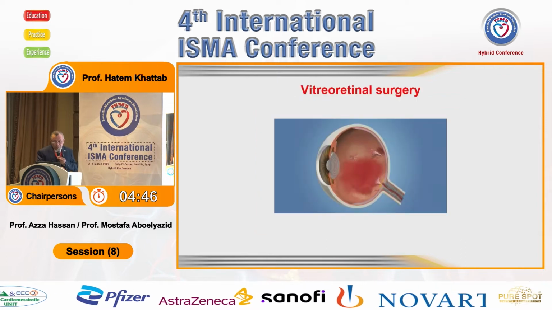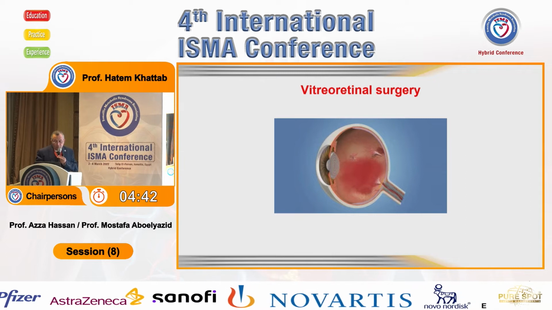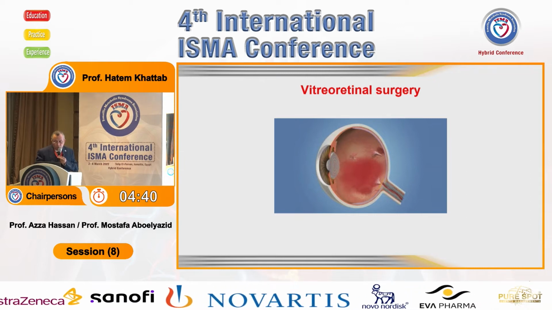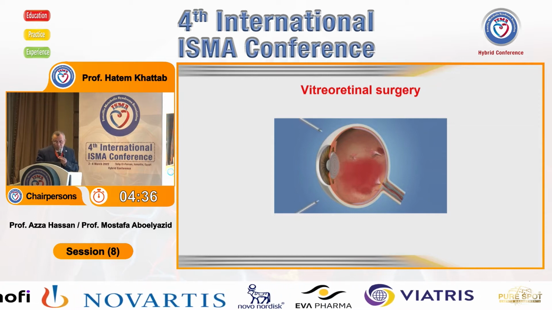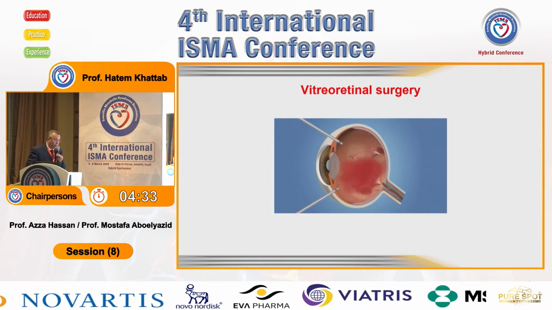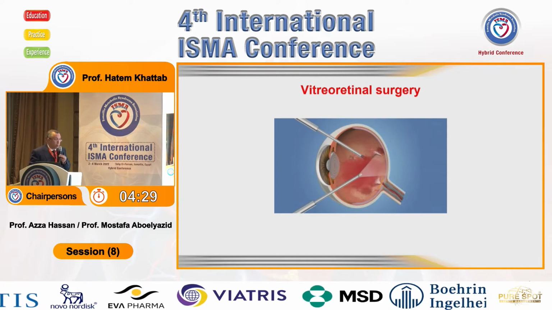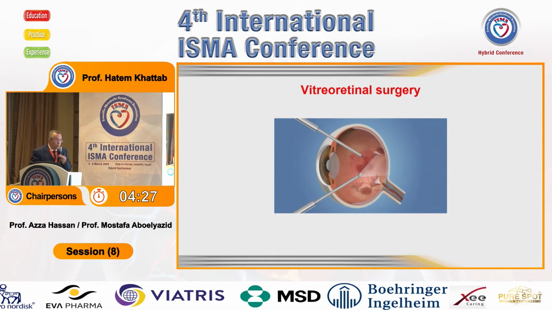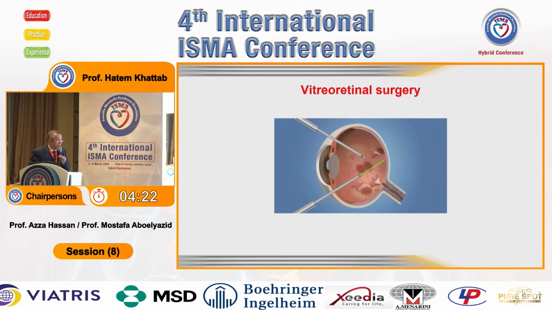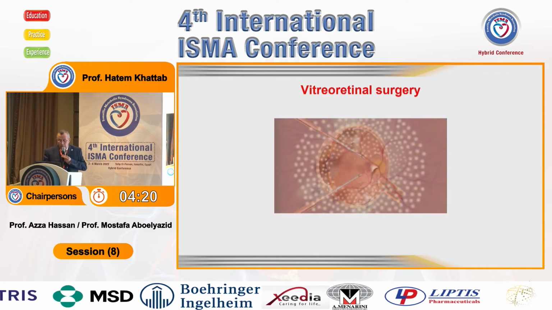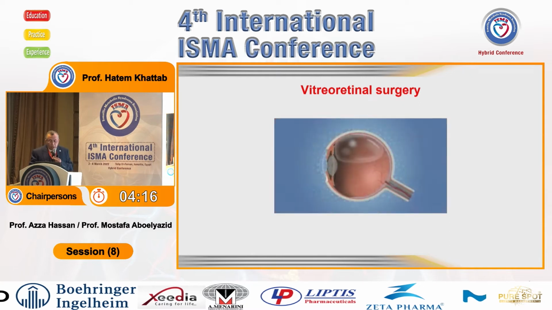The third line is the vitreoretinal surgery or vitrectomy. We remove the vitreous blood, the preretinal blood, remove any epiretinal membrane, reattach the retina, and may apply laser photocoagulation in the form of panretinal photocoagulation.